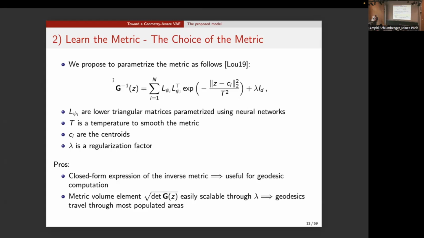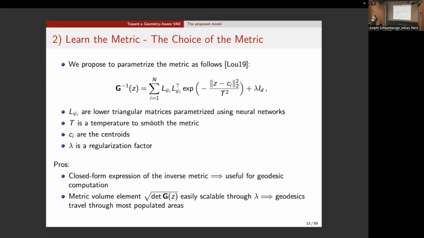So this metric has been proposed by Louis et al. in 2019. And actually, this form is really interesting. First, because you have an easy way to parameterize this with these lower triangular matrices that you parameterize using a neural network.